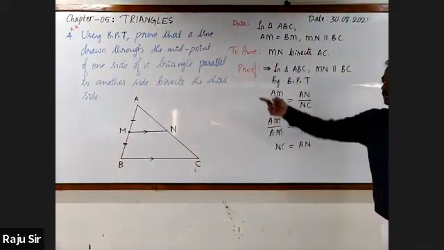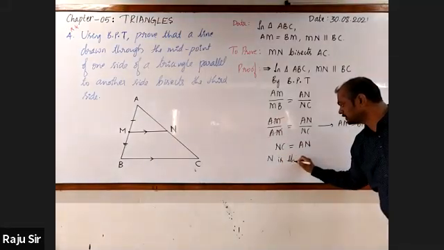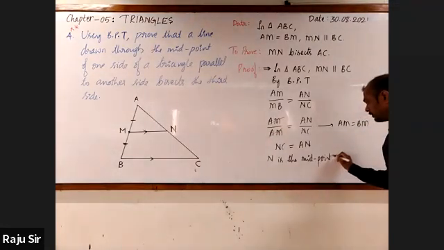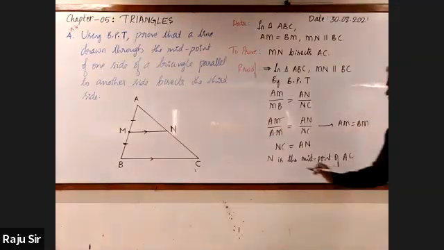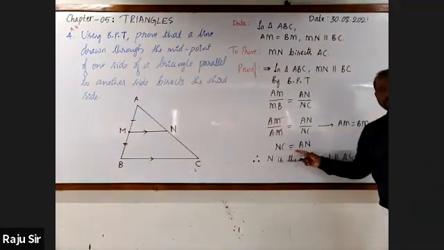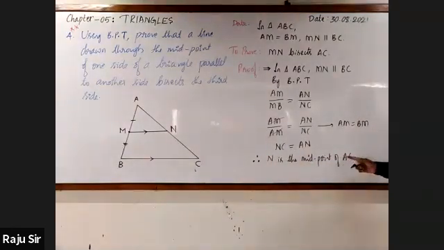N is the midpoint of AC. Because we have shown that NC equals AN, therefore N is the midpoint of AC.